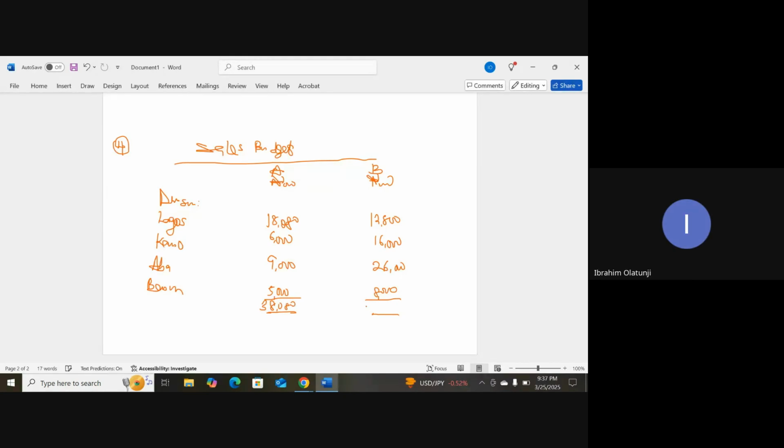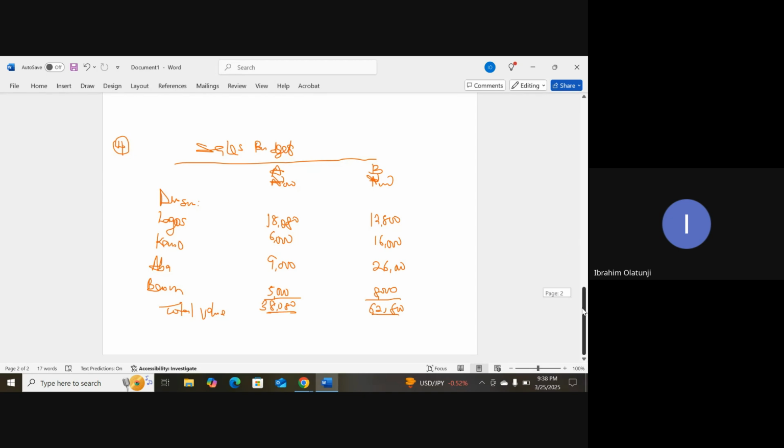What of this one? 62,800. So this is the total value. From this total value, we can get the unit, since we are able to get our selling price.